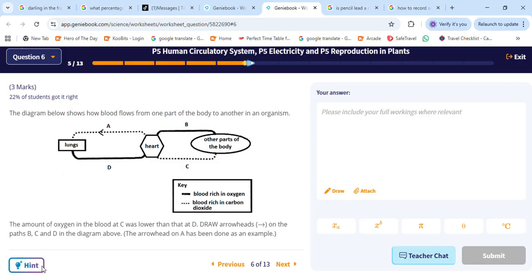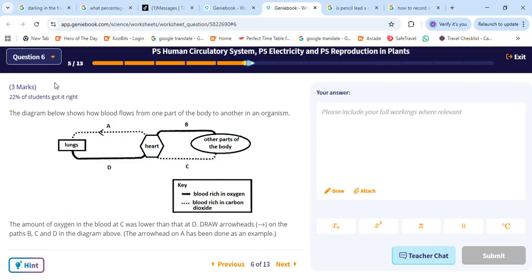Questions: prove that oxygen in the blood at C is lower than that at D. Draw arrowheads on path B, C, D. C is lower than that at D. Lower than D, right?